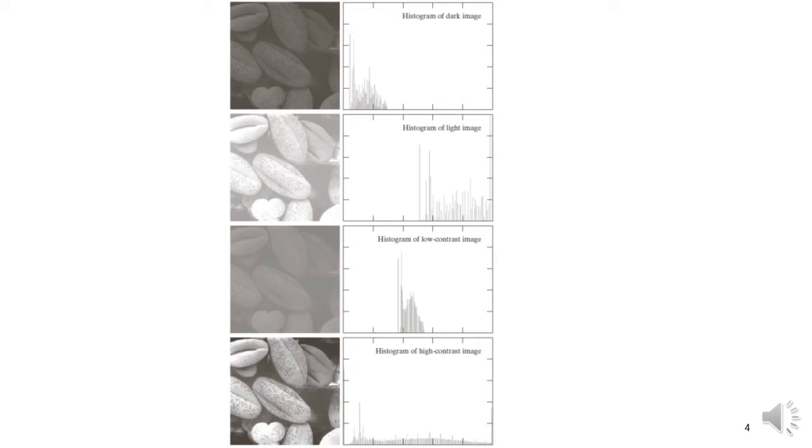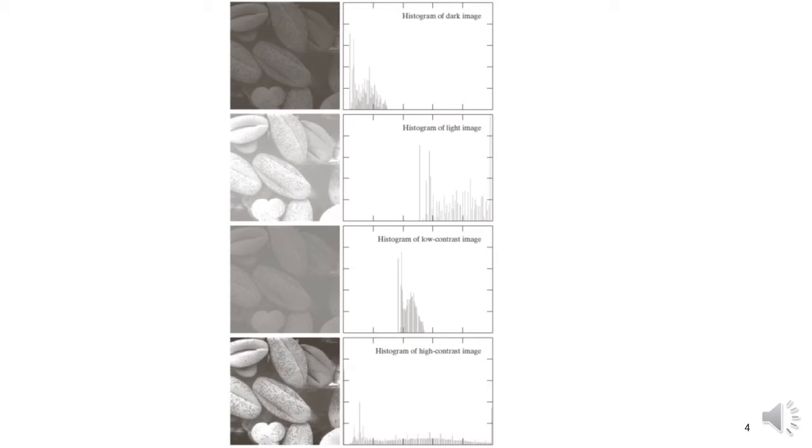Similarly, if we have a histogram of a light image, which is image number 2, here we can see that all the histogram bars are skewed towards the right side, which depicts that the intensity values are higher and the image is brighter. The third image is a low contrast image.